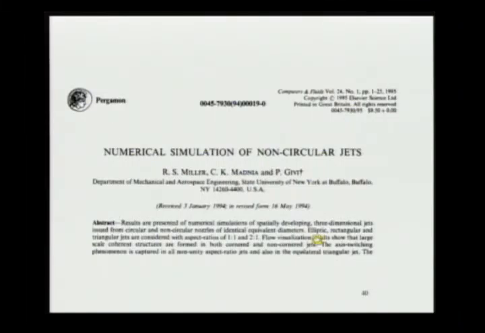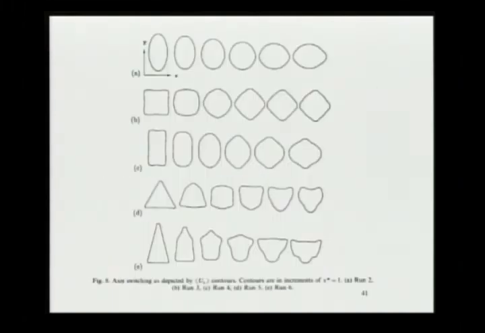The axis switching phenomena is captured, depending on some aspect ratios, and this is the picture that you see. So this is the starting thing, that if you start with this shape, you end with this shape. If you have the square, this is what you have, and this is for the triangle, and you can imagine whatever. This is an old thing.